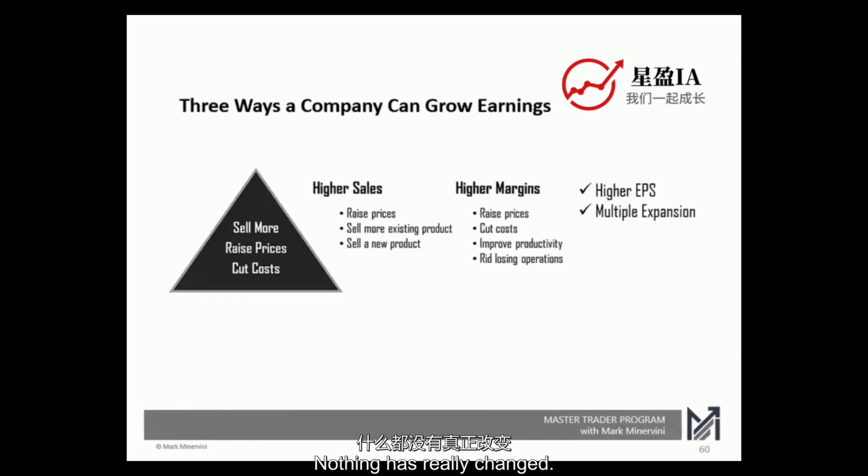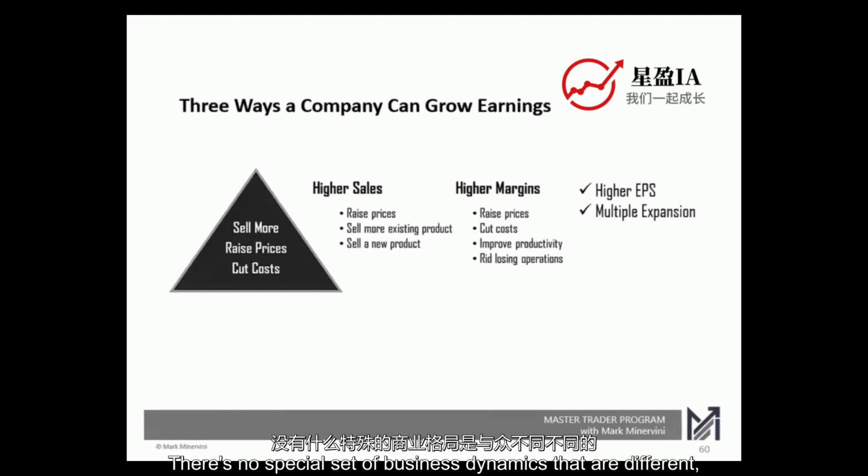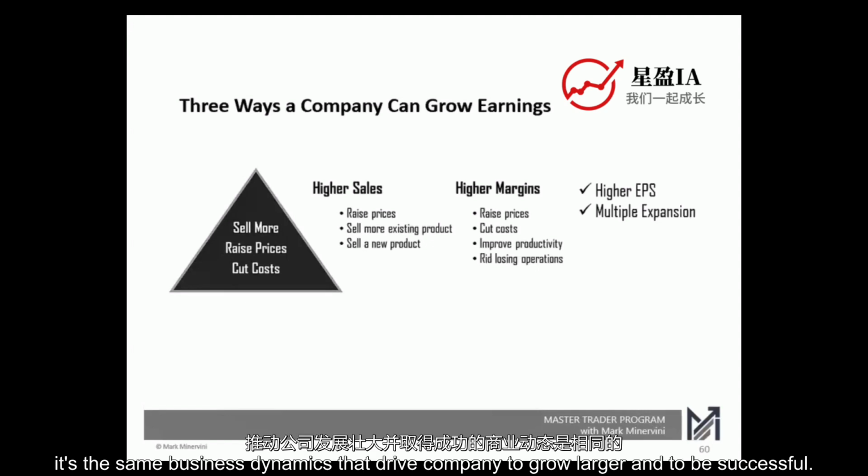Yeah, nothing has really changed. There's no special set of business dynamics that are different because a company is public versus not public. It's the same business dynamics that drive a company to grow larger and to be successful.